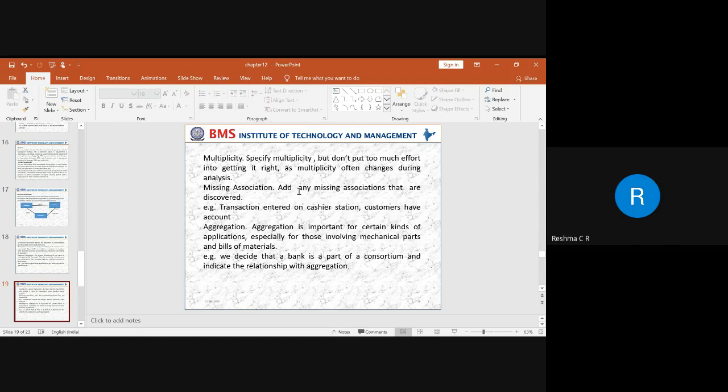When you combine all these things, you can identify that a particular object is a car. So we can identify the aggregation. Similarly, for a bank consortium and a banking network in an ATM class, we can make use of aggregation.